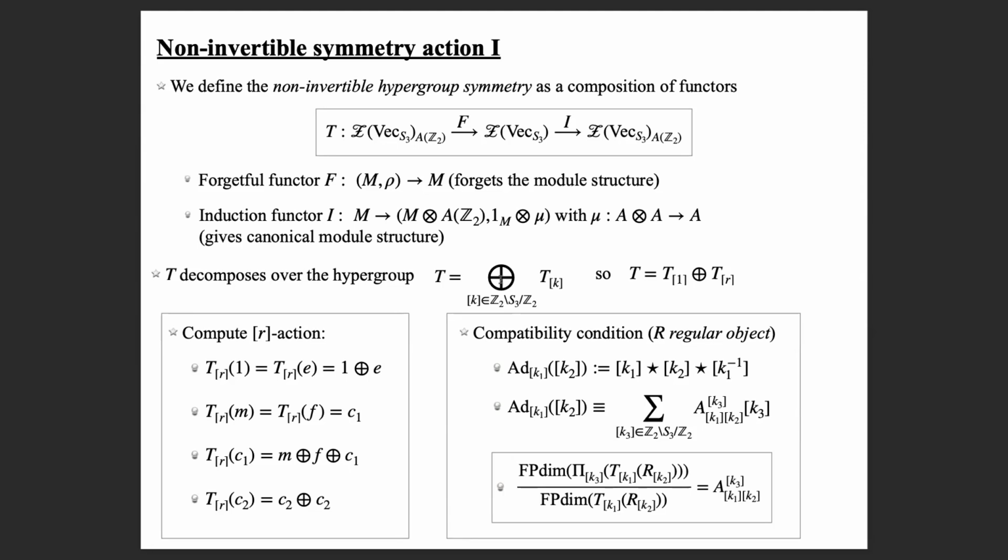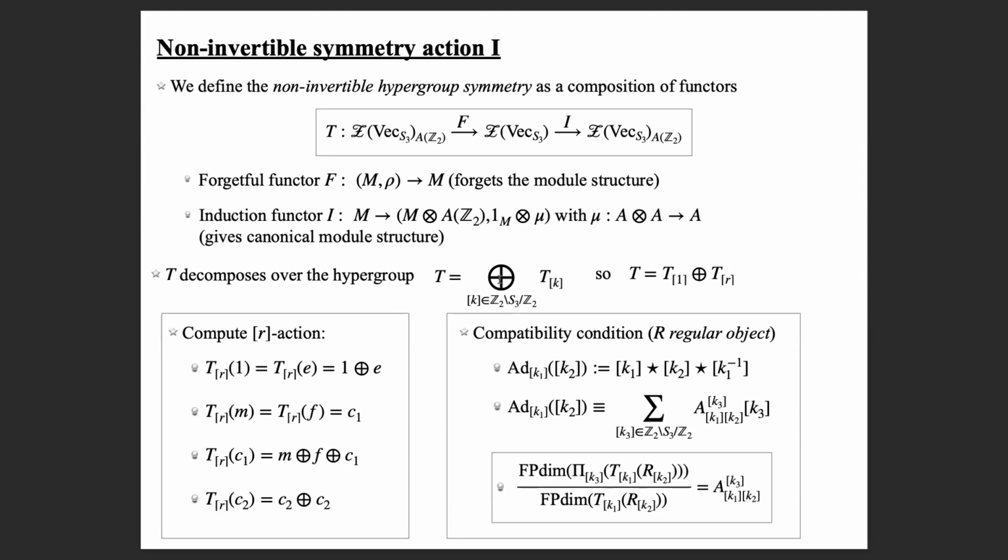And this is basically obtained by composing the forgetful functor, which maps us back to the theory pre-condensation, with the induction functor that maps you to the theory after condensation. And one can check that T, defined in this way as the composition of these two maps, actually decomposes over the hypergroup. So in this case, we have T1, which basically acts as the identity, and then one non-trivial action TR.